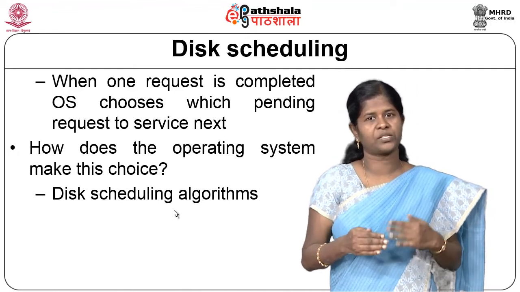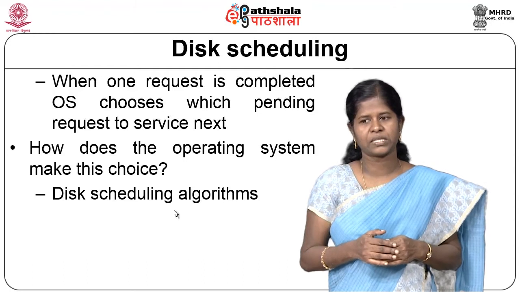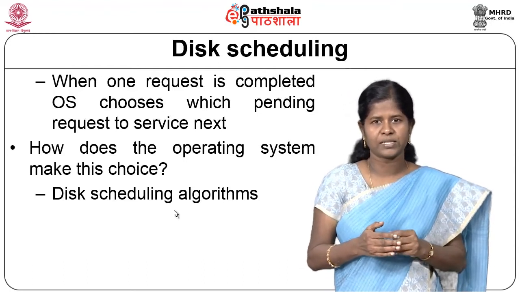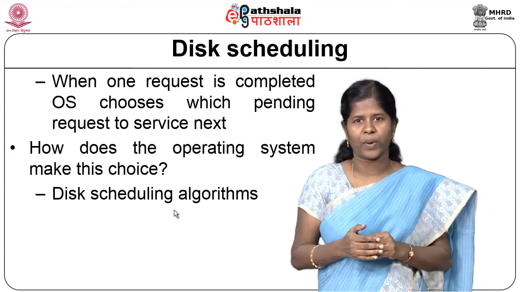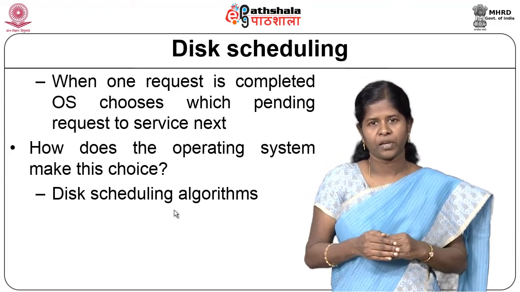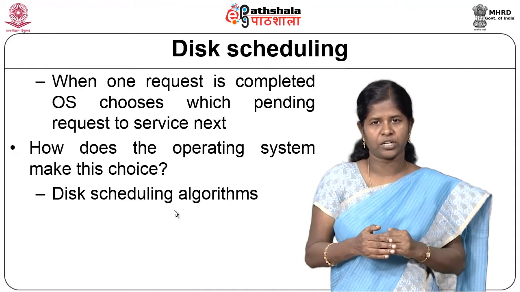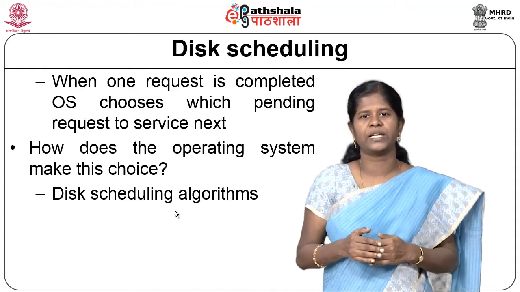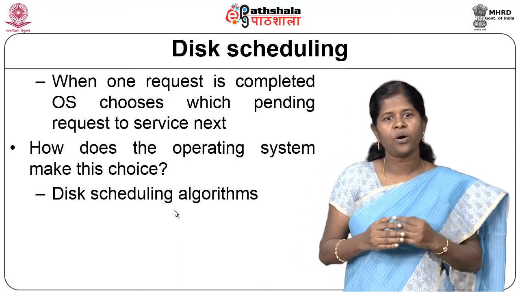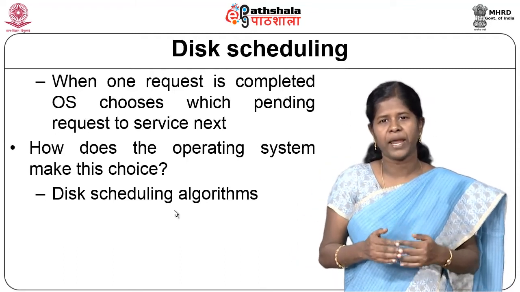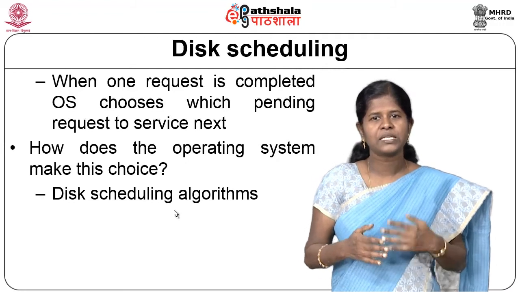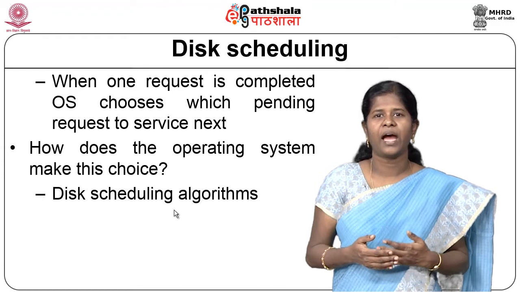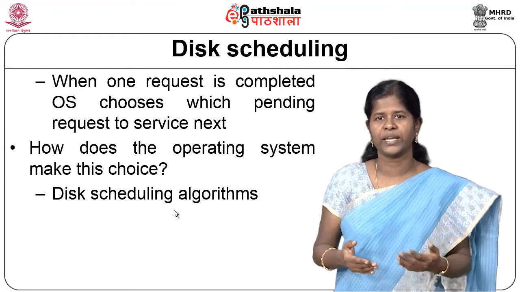Say a number of processes have issued requests and all are waiting. Of all these pending requests, which should be serviced by the operating system first? How does the operating system make this choice? This is done in different ways in different algorithms, and these are called disk scheduling algorithms.